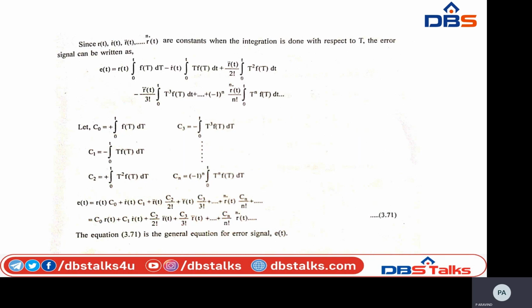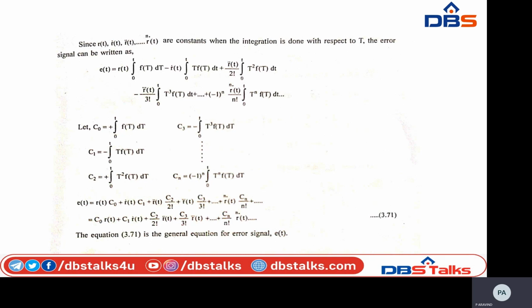Like that, substitute all c naught, c1, c2 and up to cn in the equation of e of t. So finally we have the equation 3.71. Equation 3.71 is the general equation for error signal, that is e of t.